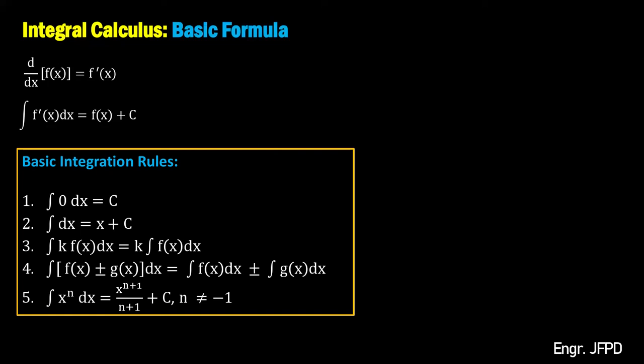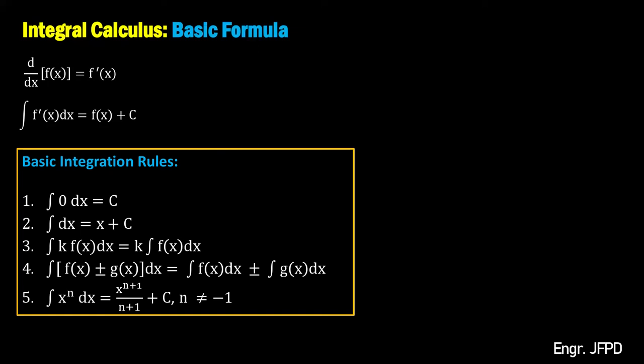For our formula number 4, this is the rule for taking the integral of the algebraic sum of functions, wherein all we need to do is to take the integral of the given functions individually and just simply take their algebraic sum.